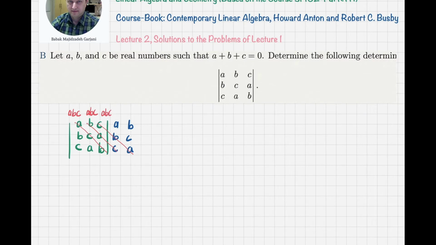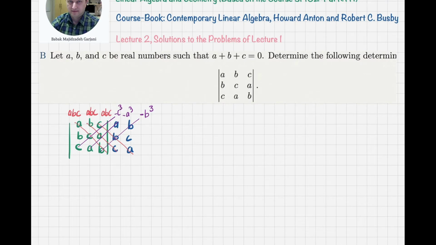But then this time when I multiply them, so let me change my color. Now I multiply these, it gives me b to the 3, but I don't write b to the 3, I write negative b to the 3. And then I multiply these, it will give me negative a to the 3. And then it will give me negative c to the 3.